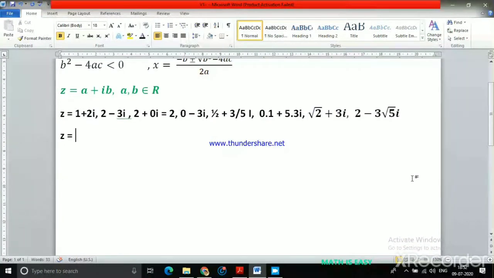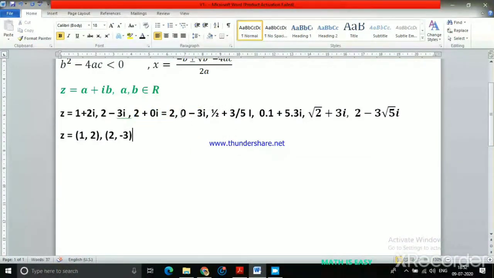the real axis and the y-axis as the imaginary axis, the point for 1 plus 2i is going to be (1, 2). And similarly for 2 minus 3i, I can take it as (2, -3). And similarly where you have 2 plus 0i, I can take it as (2, 0).